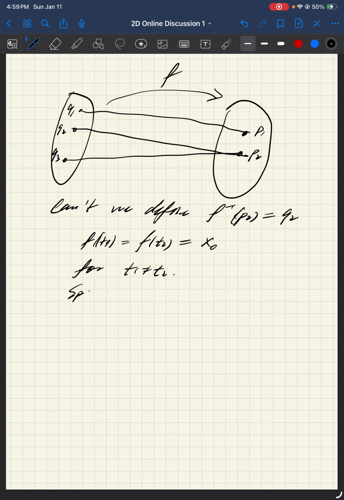And suppose that I've defined my f inverse of x0 to be t1, right? And what does this mean? It means that F(x) is going to be g of f inverse of x, which is g of t1.